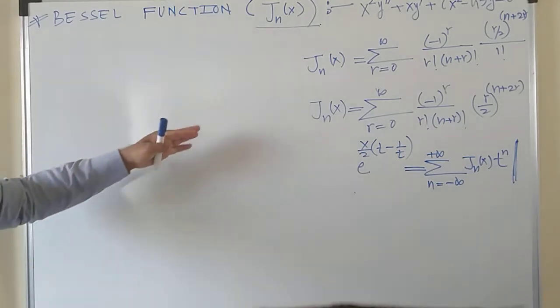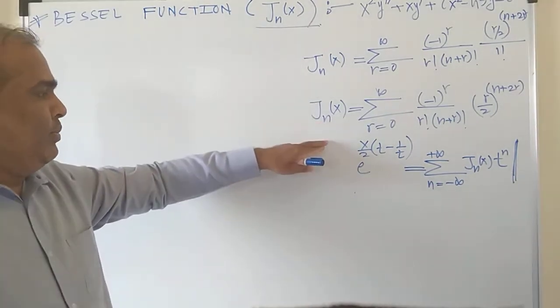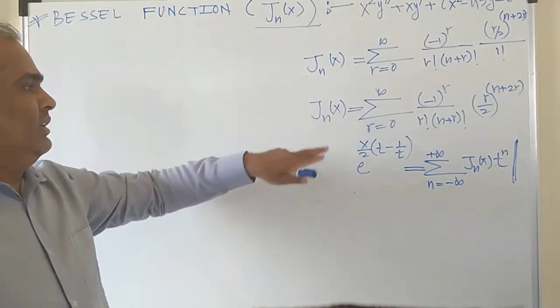Let us obtain the first few, J naught of x, J1 of x, J2 of x, by using this relation.